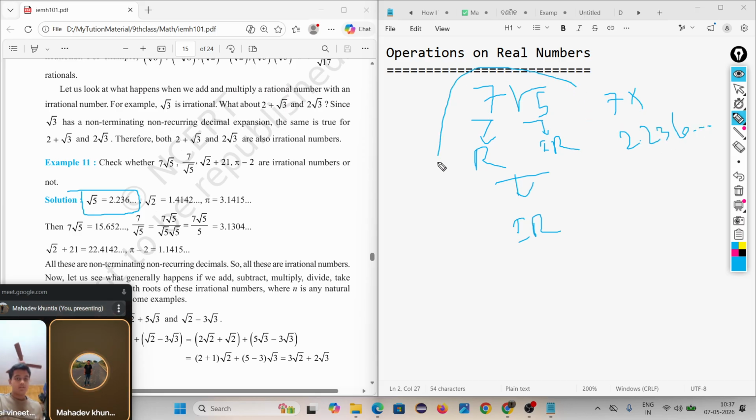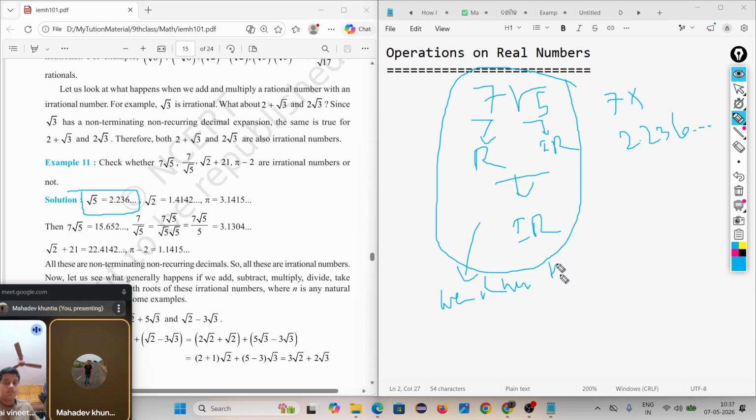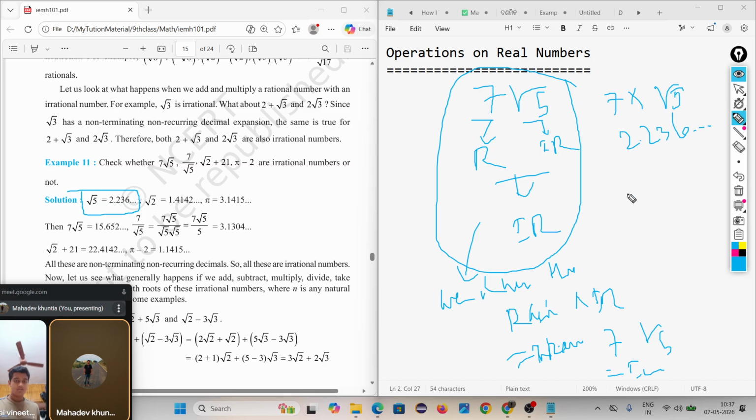And if you know the property, you can directly write: we know that rational into irrational, the result is always irrational. So 7 is rational, root 5 is irrational, so their product will be irrational. You can write like this, otherwise if you know the root 5 value, you can multiply and show the result.